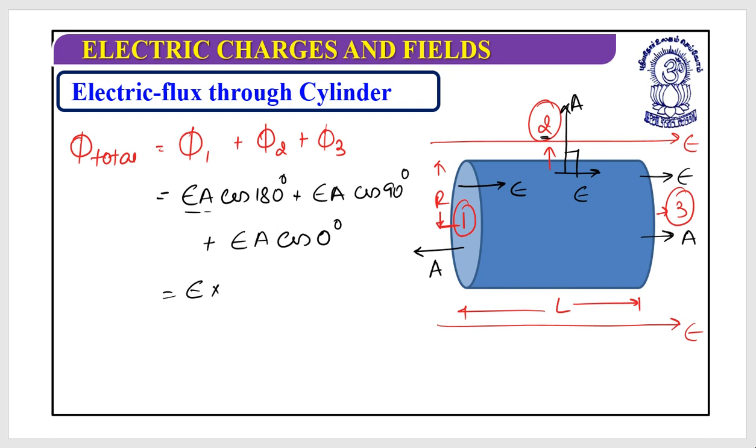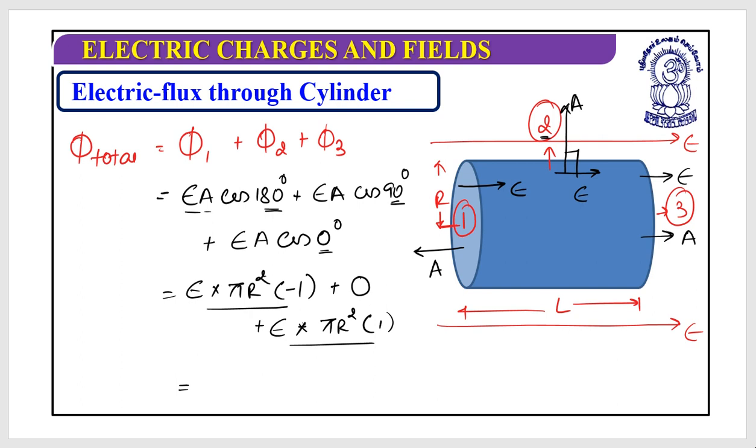This is E multiplied by pi r square multiplied by minus 1, since cos 180 is minus 1, plus here it is cos 90 degrees. Cos 90 would be 0, so this term would be 0, and cos 0 is 1, so I should write E into pi r square multiplied by 1. So this is a positive number, this is a negative number, so the whole thing comes to 0 Gauss.